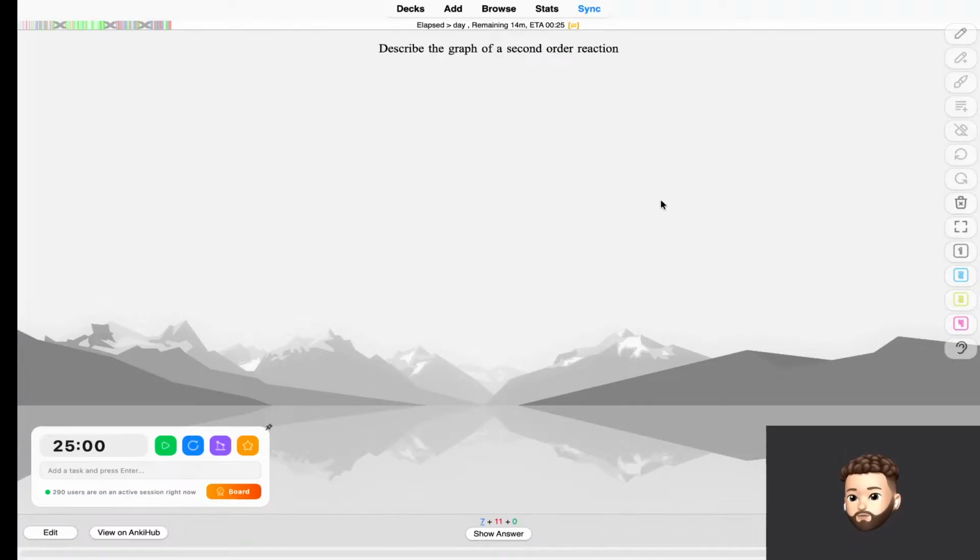Describe the graph of a second order reaction.